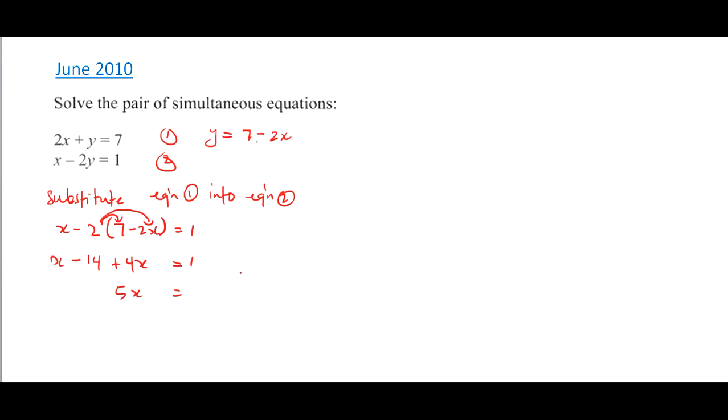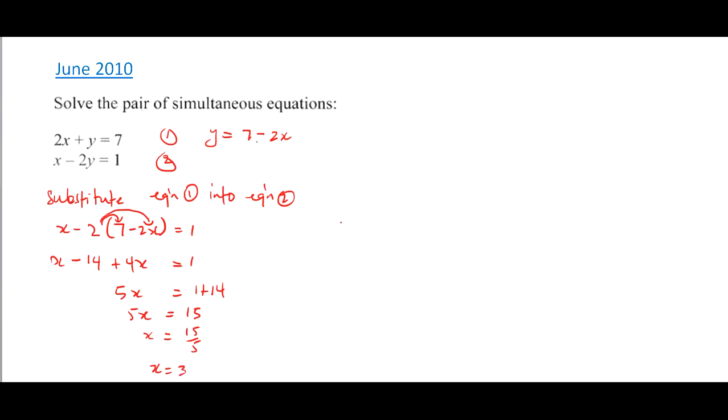When I move the minus 14 across, it becomes 1 plus 14. So therefore 5x is equal to 15. Therefore x is equal to 15 over 5. So therefore x is equal to 3.